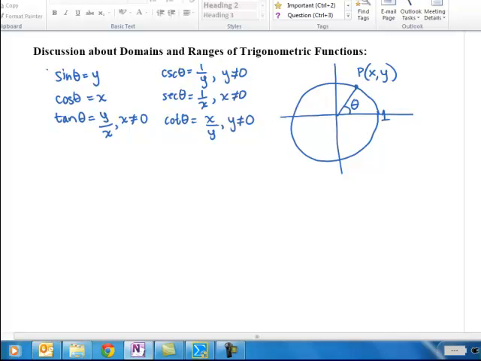So for sine and cosine, we can see that there's no restriction on theta. We can choose any angle, and the y-coordinate is defined for this point, and the x-coordinate is defined. So for sine and cosine, there's no restriction for the domain.